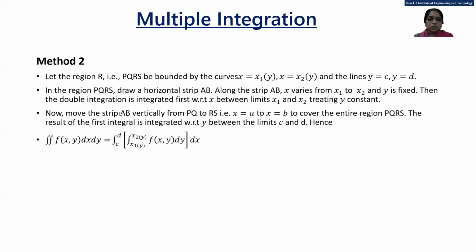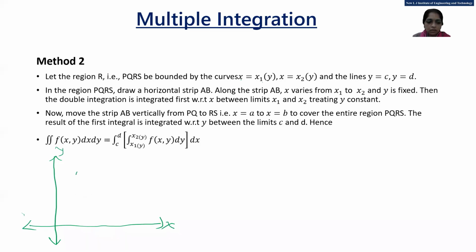Now method 2. In this case, suppose I have curves x equal to x1(y) and x equal to x2(y). See, this is the y-axis and this one is the x-axis, right? Now I have two curves.